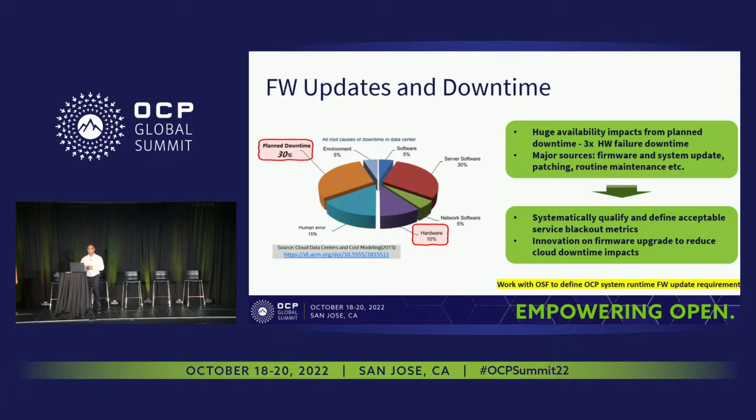So you have 3x of the hardware downtime caused by the firmware itself. So the main thing is you want to solve the problem of how we are able to do runtime updates so that you can reduce the downtime caused by the firmware. If you are able to stay alive all the time without any service interruption, you can recover that pie back, right?